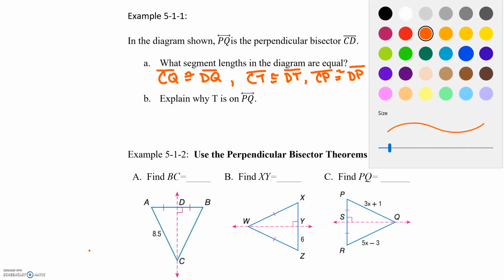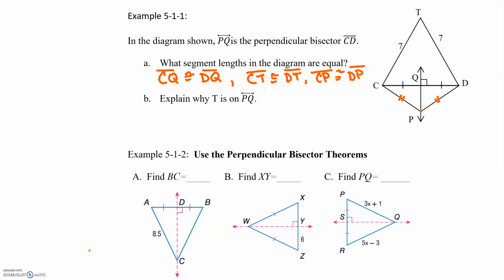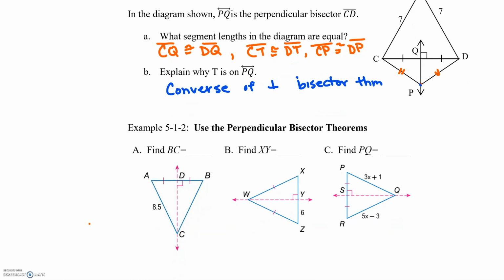Well, because we know that both of these are congruent and both of these are congruent, and this is a perpendicular bisector and it goes through that point, the converse of the perpendicular bisector theorem, and you can look back at that, explains why T is on that line.